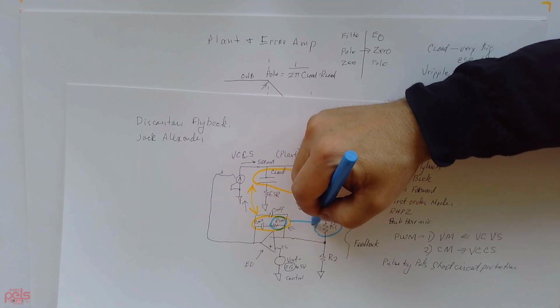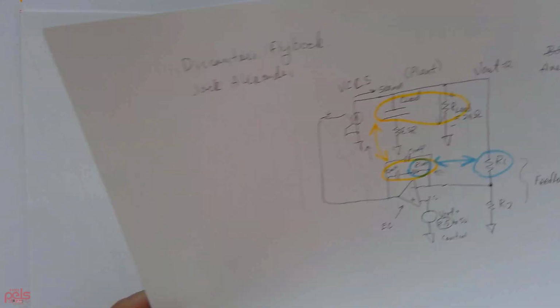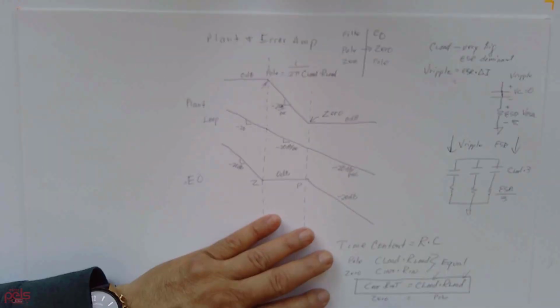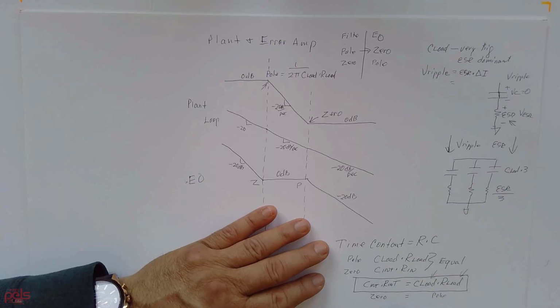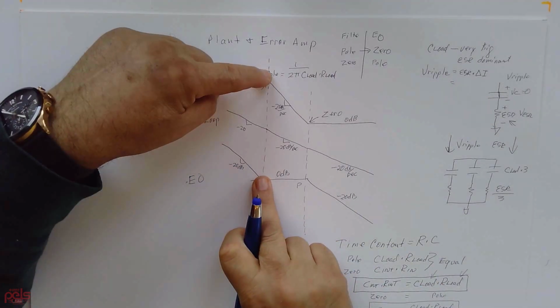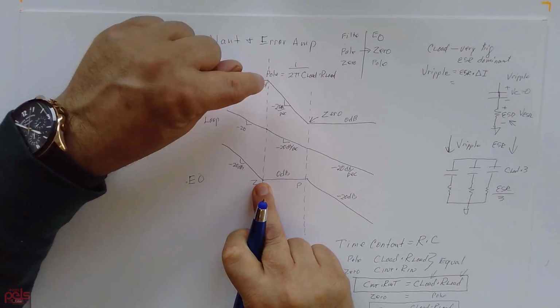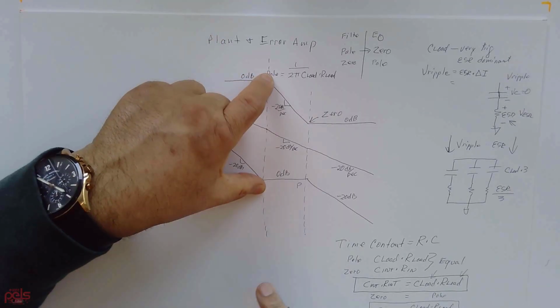Once I know what my integrator resistor is, I just solve for the C integrator, and it's going to be C load times R load over R integrator, and that's it. This ensures that this zero is placed at the same frequency, and they should cancel out.